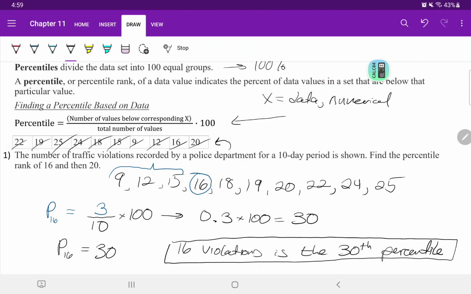To further explain that, that means this value of 16 violations is greater than 30% of the sample. Once again, I'll say it again. Having 16 violations is greater than 30% of total violations.